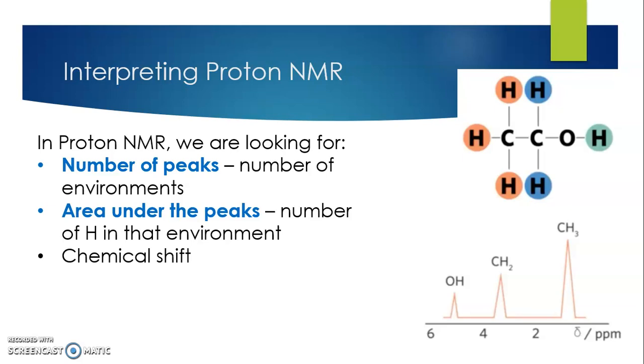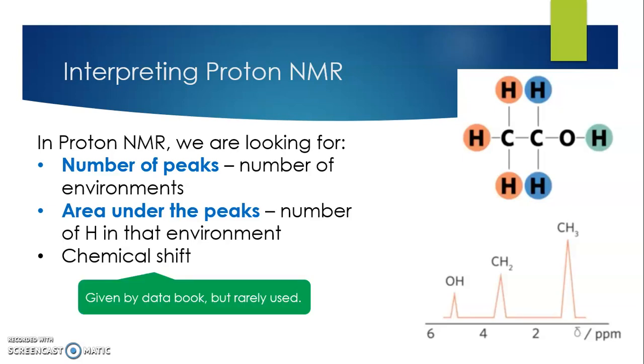And in most cases, we are given the information of chemical shift. Although we are given that, and it is also in our data book, in fact, we rarely use it. It is only at the last step, when we have two competing molecular structures that we simply cannot determine without the chemical shift, that we go through the data book to have a look.